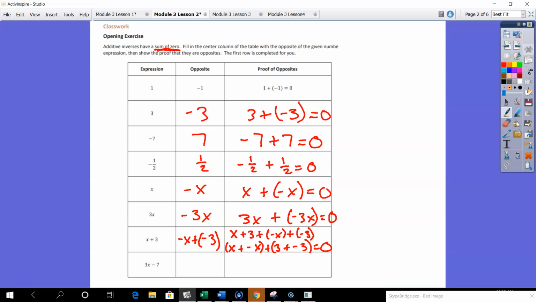And then finally, the opposite of 3x minus 7 would be -3x plus 7. So to prove that, we have 3x minus 7 plus -3x plus 7.